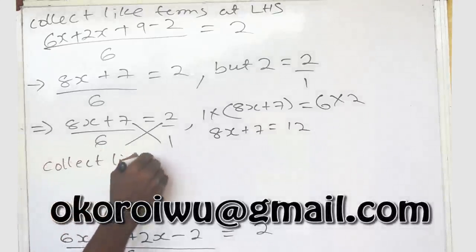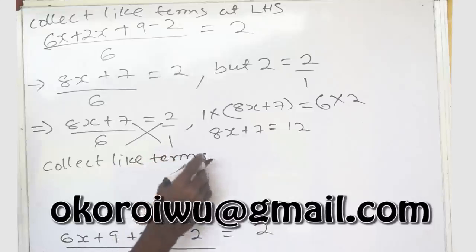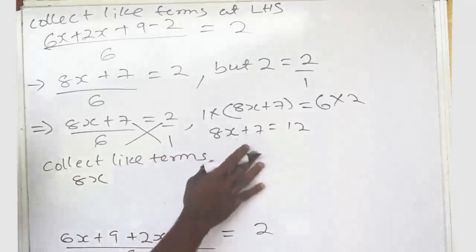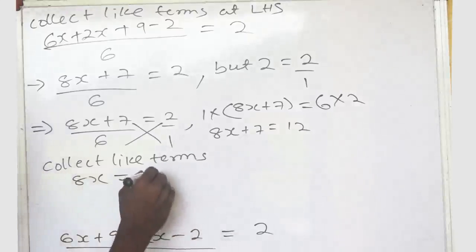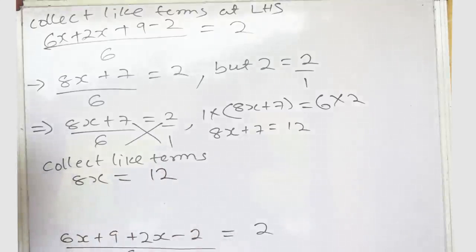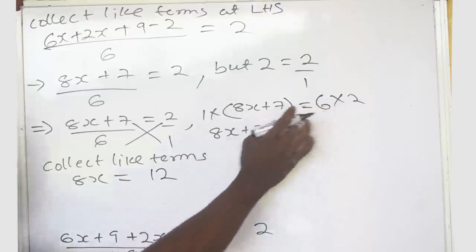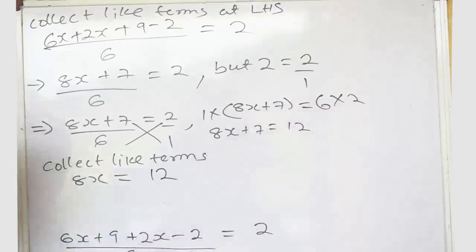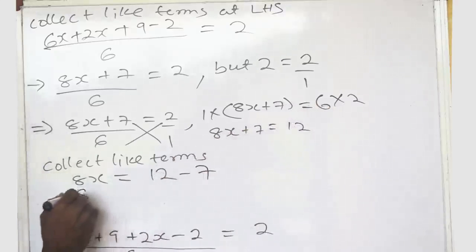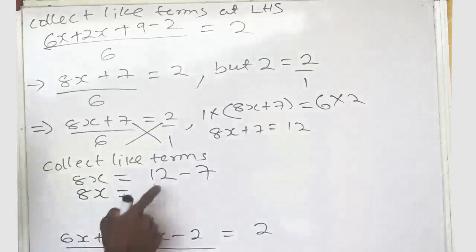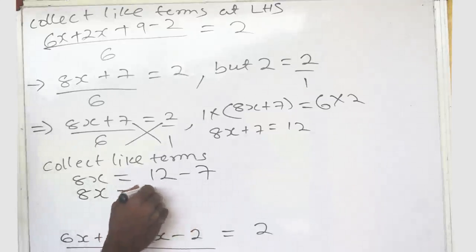We have 8x. There is no other x, we leave it. Then plus 7 and 12 are like terms, they are constants. They have to go to the right hand side. The 12 is already there, so we don't have to change the sign. But this plus 7 will go to the right hand side to meet 12. When it goes there, this plus will change to minus. So 8x will be equal to 12 minus 7, which gives us 5.